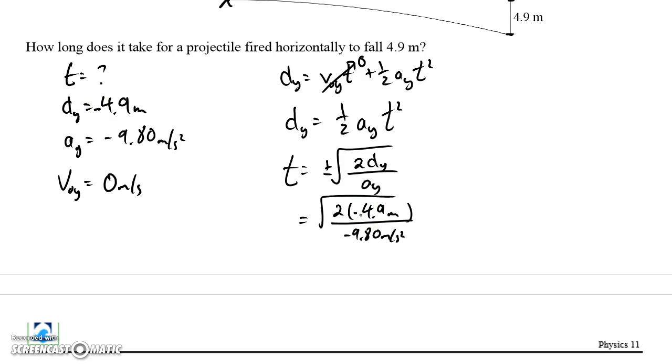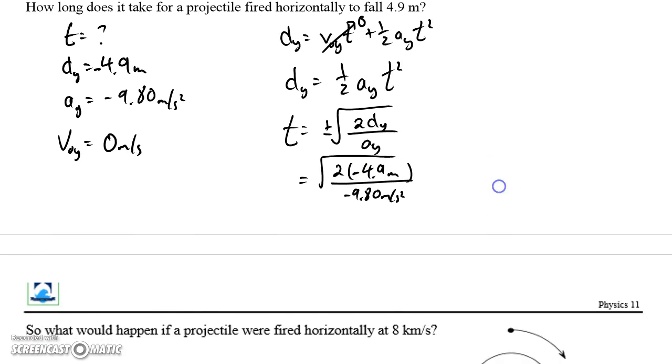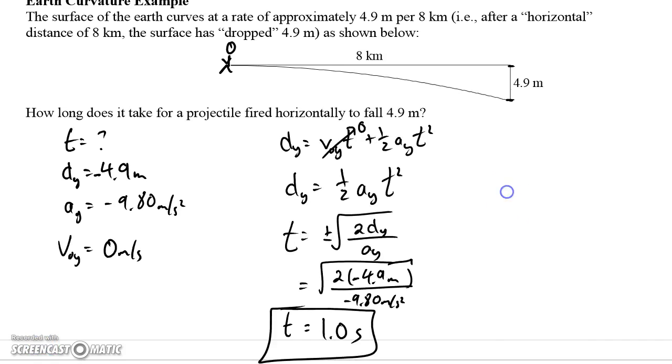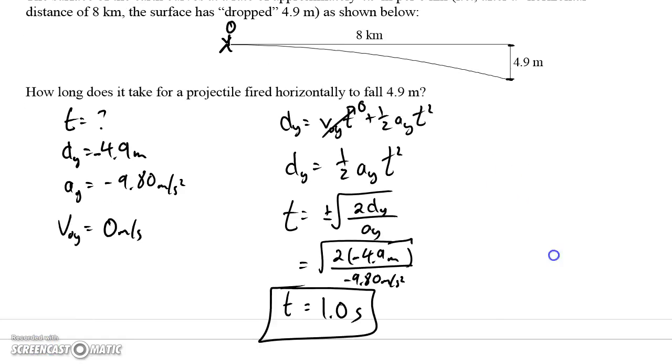So that's a negative 4.9, so our negatives cancel out, so now we can square root it. And we get 2 times 4.9, which is 9.8, divided by 9.8, which is 1. Square root of 1 is 1. So we have 1.0 seconds. Okay, that's interesting. So it takes 1 second for it to drop 4.9 meters.